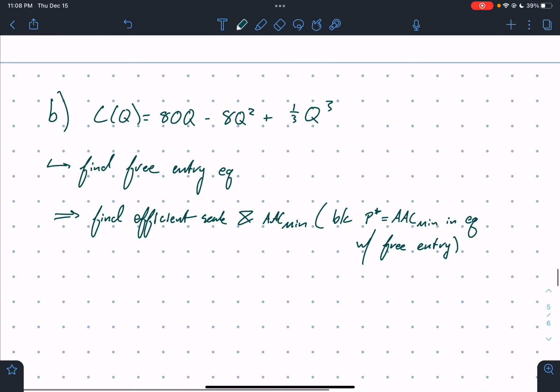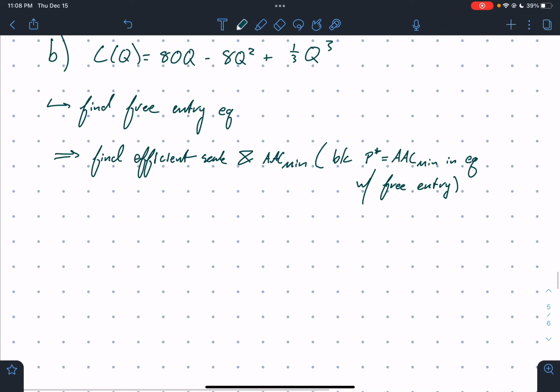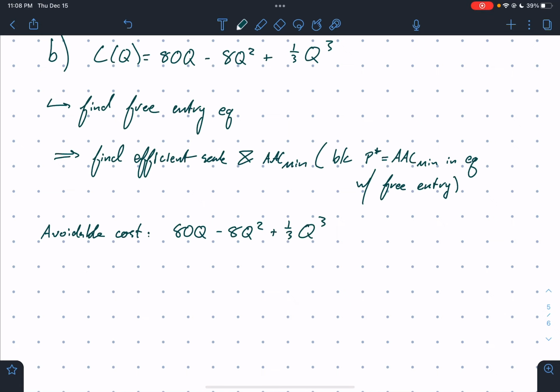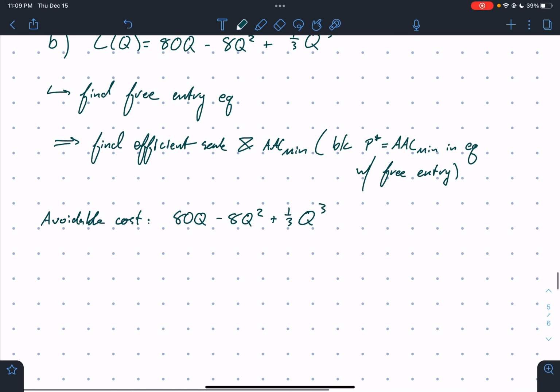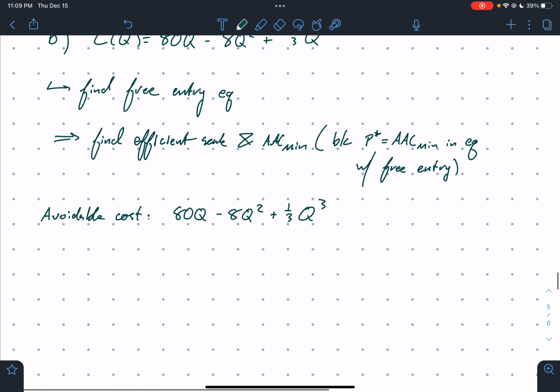All right, so we're just going to have that. So that's what we want to find. So the avoidable cost is 80q minus 8q squared plus 1/3 q cubed. I don't believe that we have any fixed costs to keep track of.